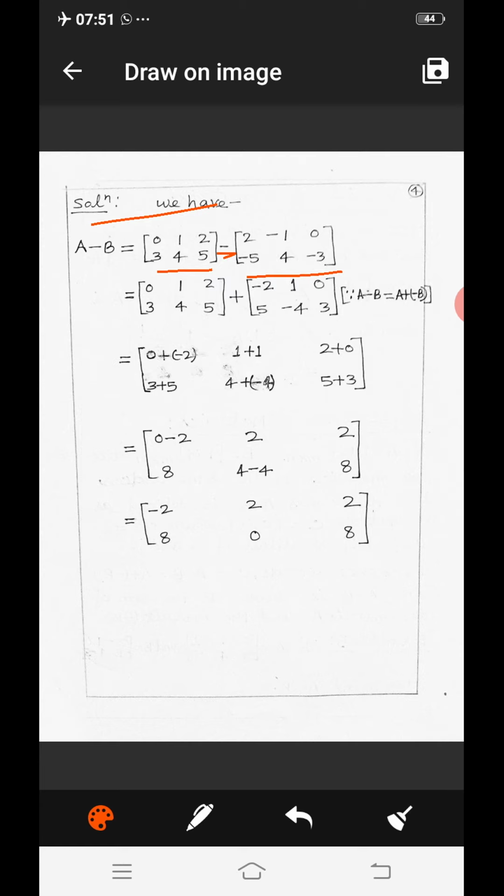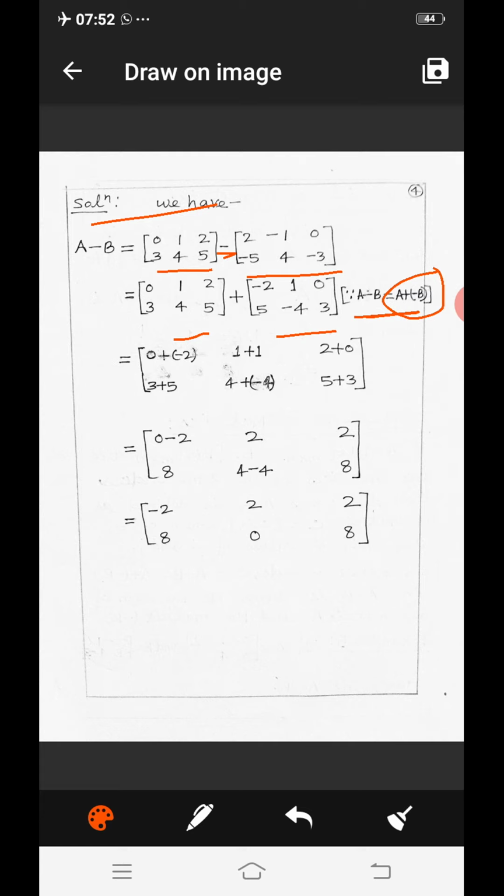This is equal to 0, 1, 2, 3, 4, 5 plus minus 2, 1, 0, 5, minus 4, 3. Dear students, A minus B can be written as A plus in bracket minus B. This means that first we multiply each element of matrix B by minus 1, then add with the corresponding elements of matrix A.